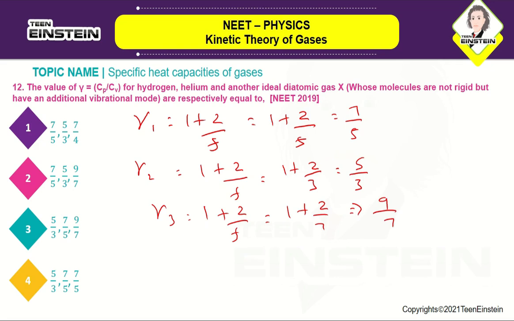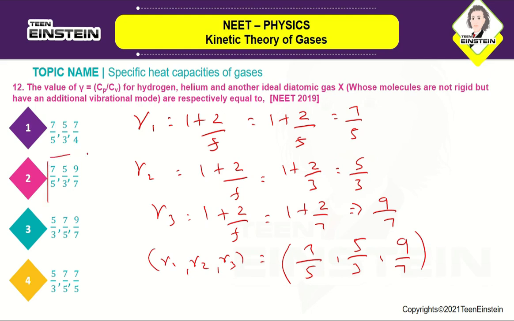Okay, so mu1, mu2, mu3 will become 7 by 5, 5 by 3, 9 by 7. So the correct answer is option number 2, 7 by 5, 5 by 3 and 9 by 7. Okay, so let us now move on to the next question.